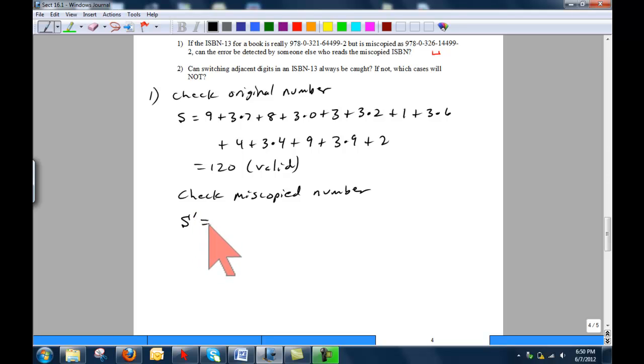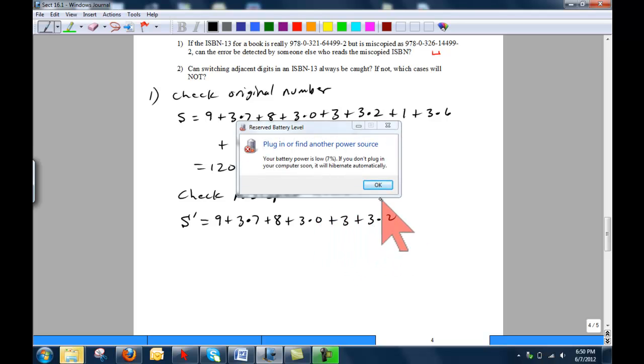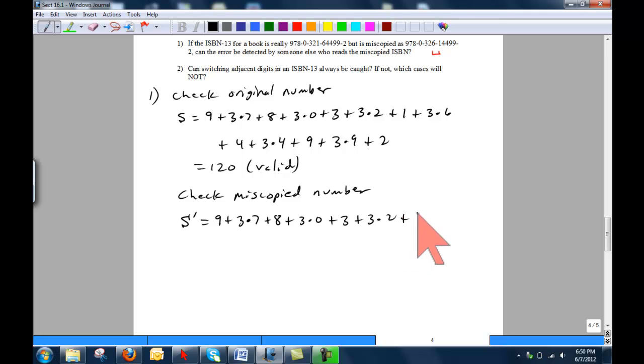This is going to be a different number probably, but it's computed with the same scheme. 9 plus 3 times 7 plus 8 plus 3 times 0 plus 3 plus 3 times 2 plus 6 plus 3 times 1 plus 4 plus 3 times 4 plus 9 plus 3 times 9 plus 2.